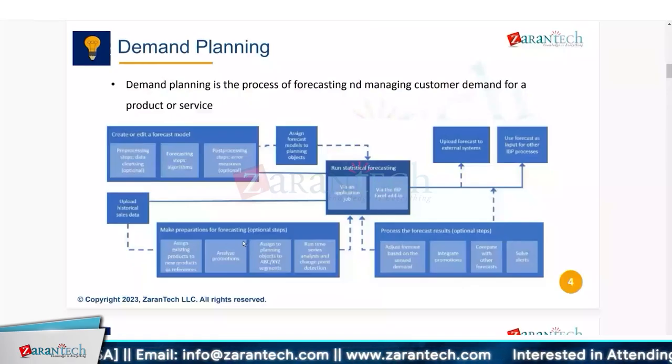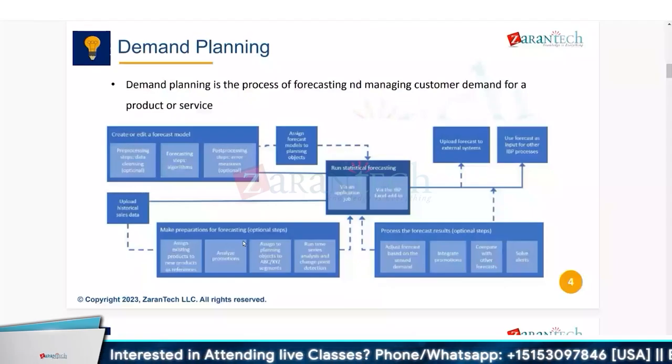However, in the month of August, there was a demand of 3,000. This is not the normal case. This particular scenario is called an outlier, wherein the demand was inflated because of some external factors.